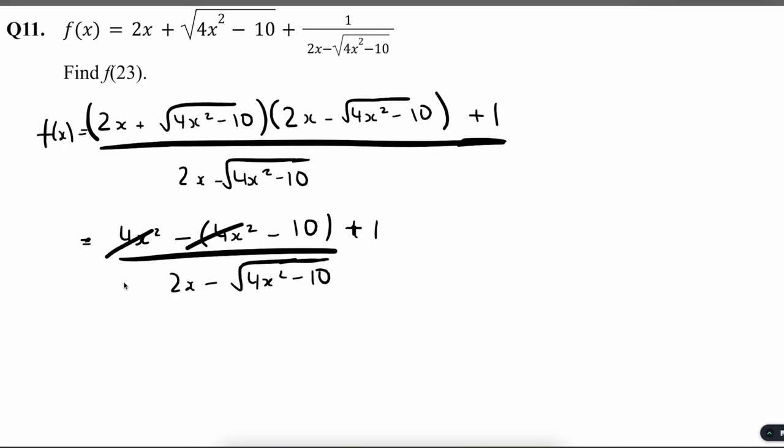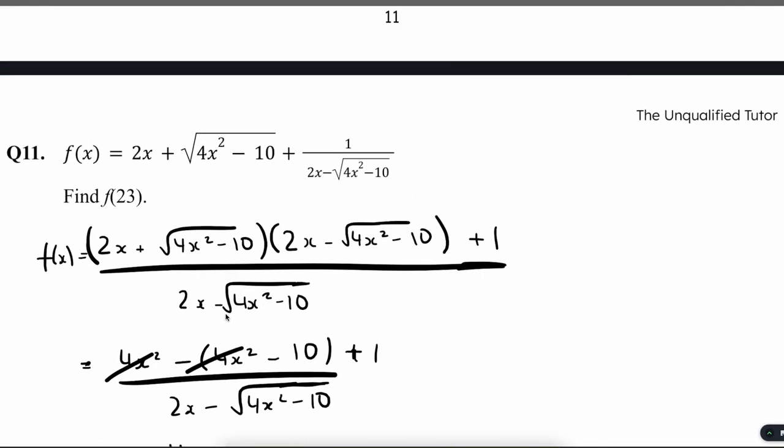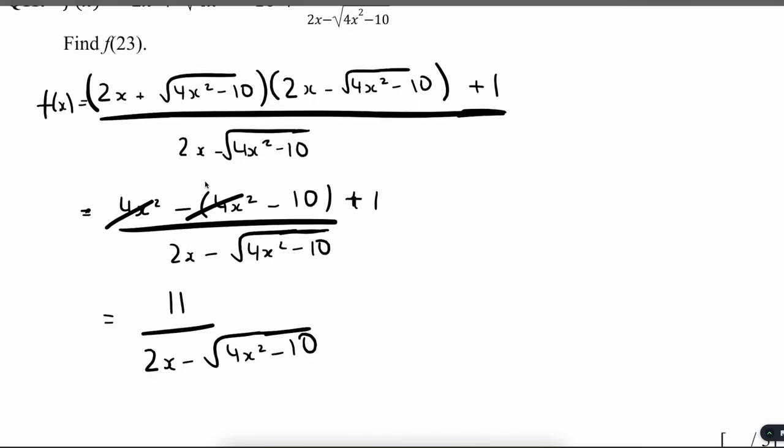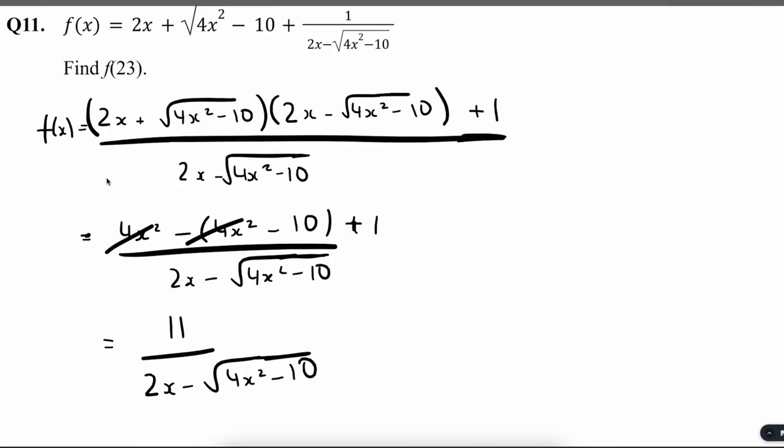So this cancels with this, and we end up with minus 10 plus 1, which is 11 over 2x minus root 4x squared minus 10. Okay, that makes it a little bit simpler, but we still have to work out f of 23.